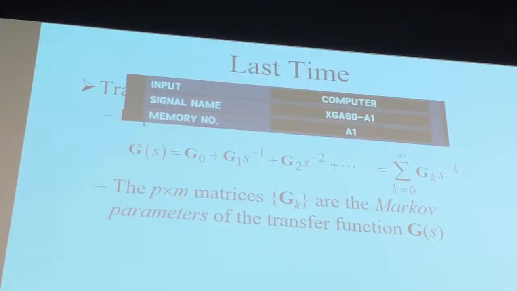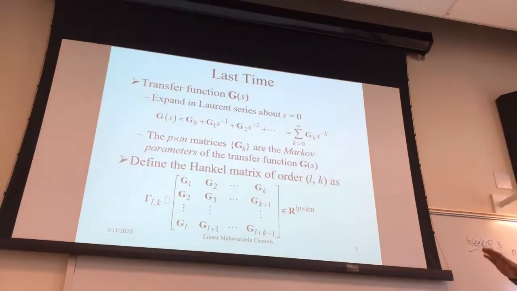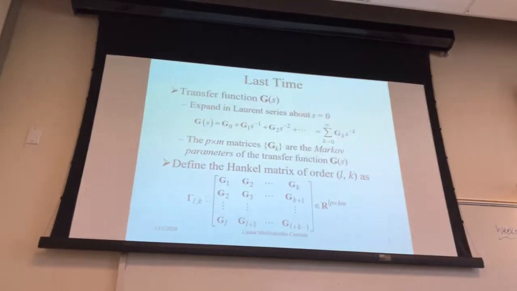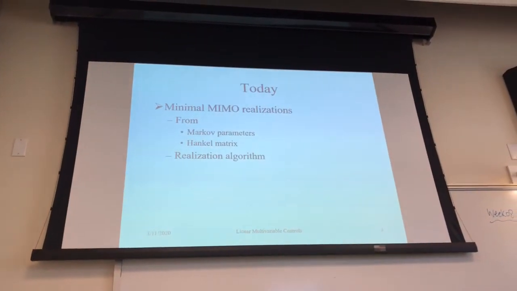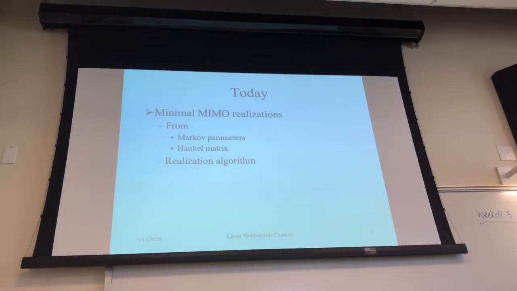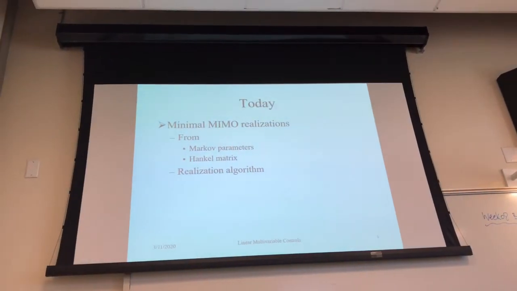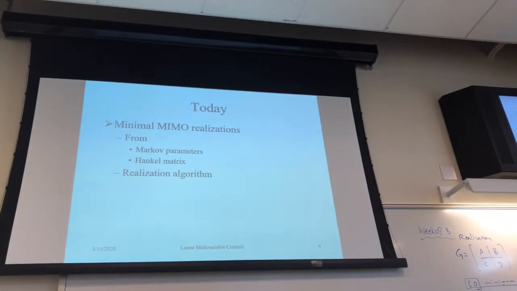So this is what we learned last time regarding the Hankel matrix. So remember, this is symmetric. Then from the Hankel matrix, we can have a minimal realization algorithm. So that's basically what we went through last time.